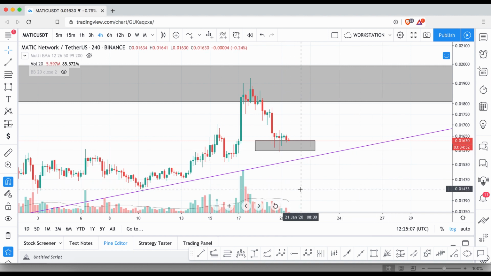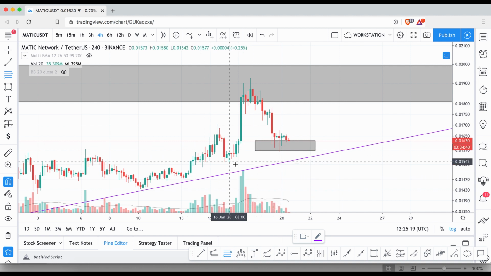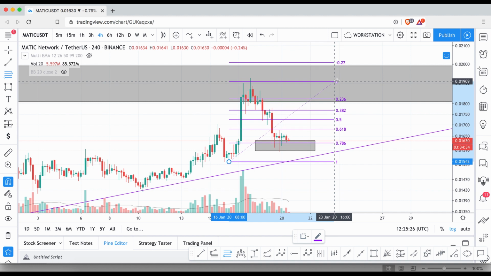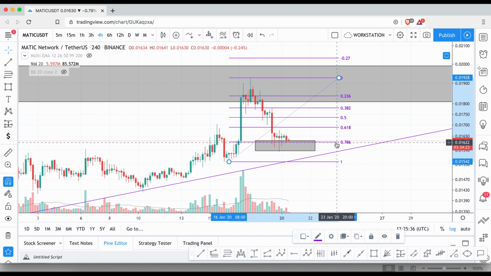Now, if we use the Fibonacci tool, let's see where we're at. So as you know from previous videos, the 0.786 Fib level acts a lot of times as support. So if we add this from this area all the way to the wick up, what do we see here? So again, the 0.786 is holding nicely as support once more.